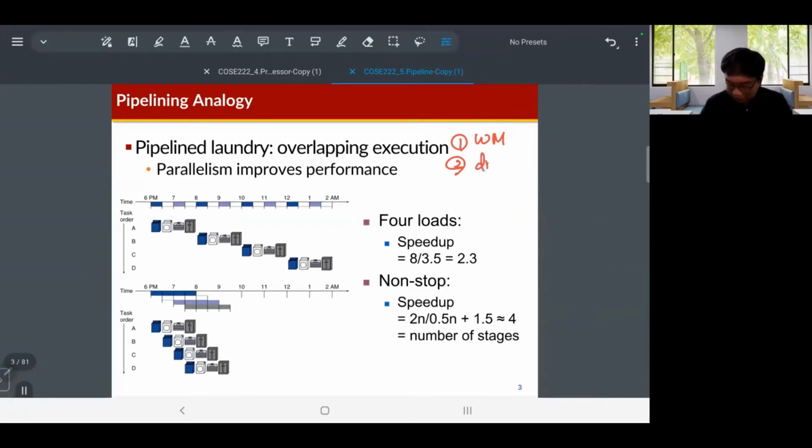And after that, we need to fold our clothes. So the next required step is folding. Then the final step for this laundry process is packing our folded clothes in the closet. Okay, so let us assume that the last required step is packing.